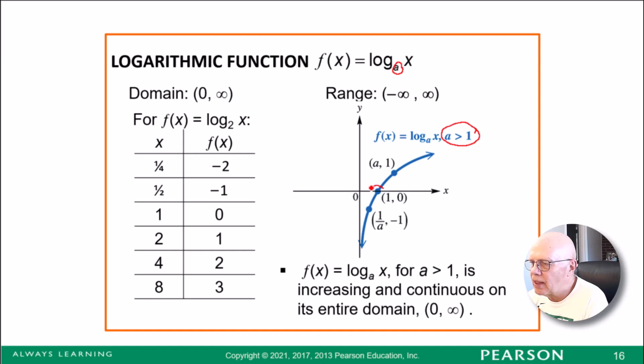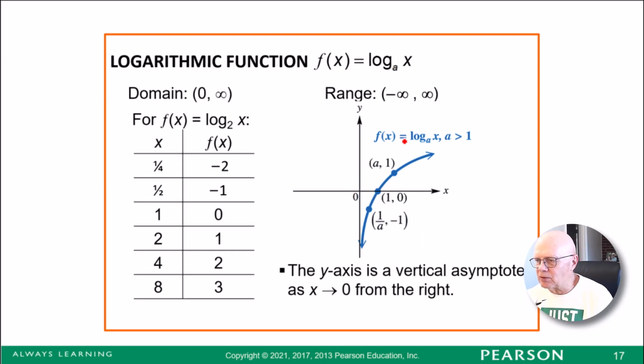Notice that it goes through (1, 0). No matter what the base, it always goes through (1, 0). That's good to know. It also goes through (a, 1), depending on what a is, of course. And it also goes through (1/a, -1). These 3 points you can count on for a logarithmic function.